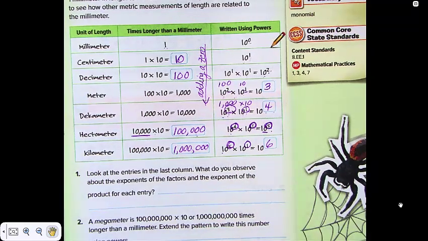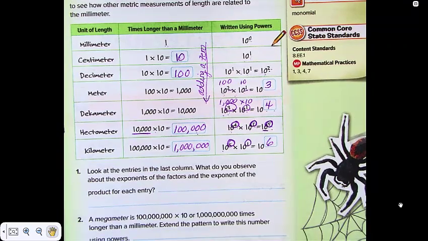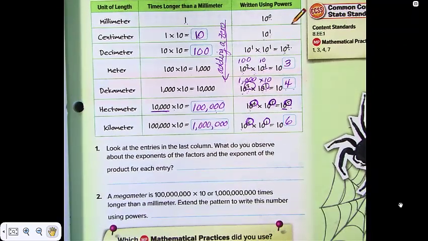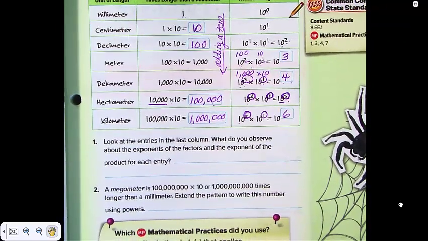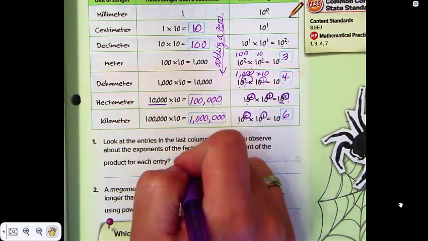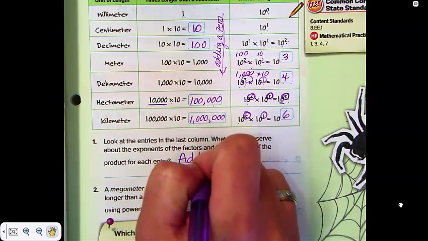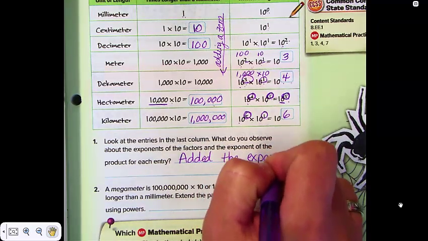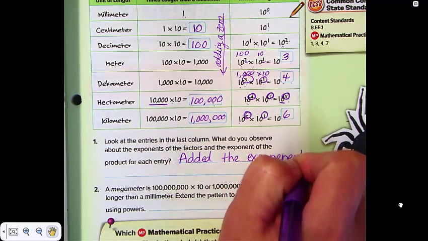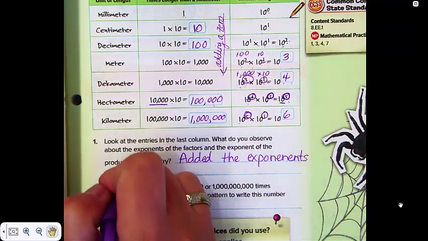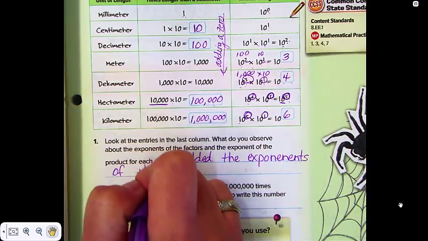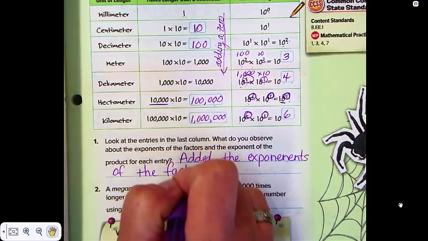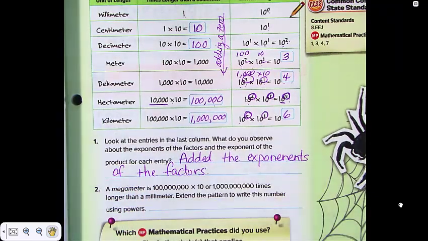So it says, what do you observe about the exponents of the factors and the exponents of the product for each entry? Well, I added the exponents of the factors together.